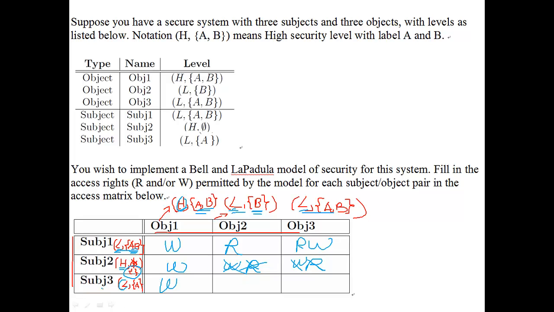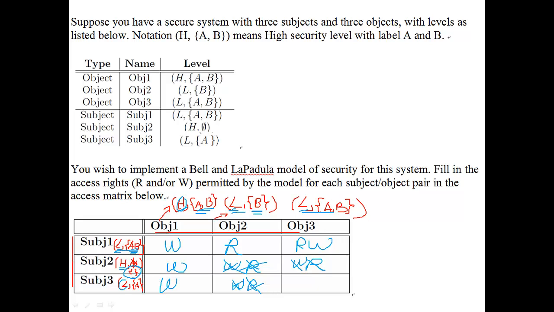Let's compare subject 3 and object 2. So both of them have the same low level L, but the categories are totally different. So subject 3 cannot read and cannot write. Okay, object 3. Then let's compare subject 3 and object 3.